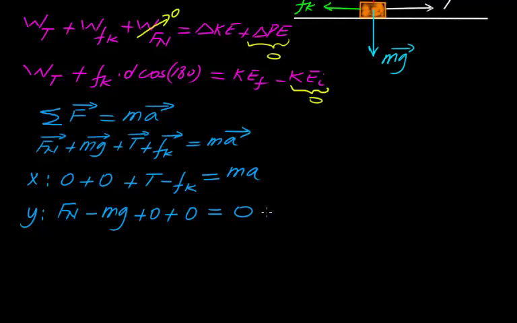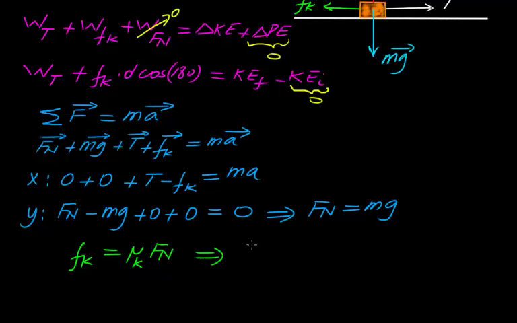As a result, we're going to have Fn equal mg in this case. As we know, the friction force equals the coefficient of friction mu k times Fn. Substituting Fn by its expression, which is mg, we obtain Fk equal to mu k times mg.